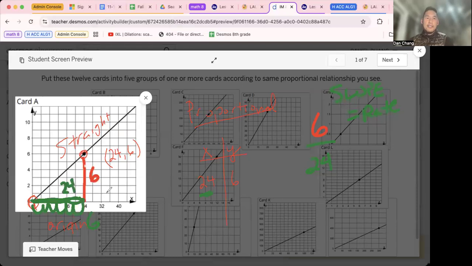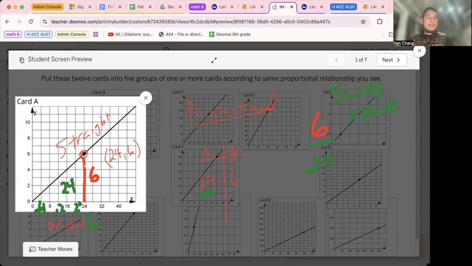This is not 6 over 6. You really have to look at the scales right down here at the bottom. This is skip counting by fours: 0, 4, 8, 12, 16, 20. Pay attention to the scale. That is the key.